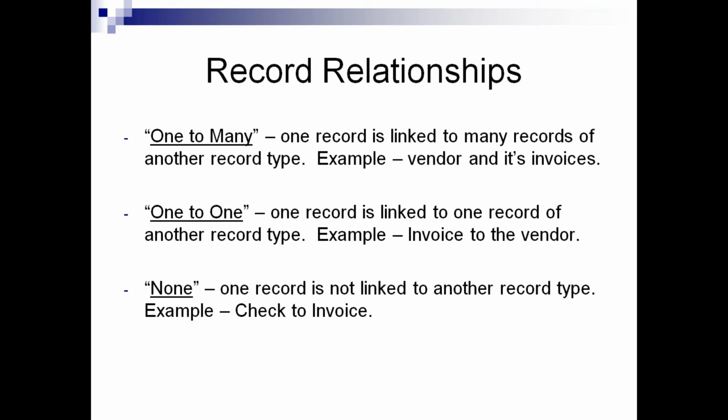If you are running a report and the check record is the driving record of the report, there is no field on the check record itself for an invoice number. So we would have to build that relationship with a formula instead. And in some cases, you may run into a situation where we can't do that, and so we'll have to come up with another way to get that information together, if possible.